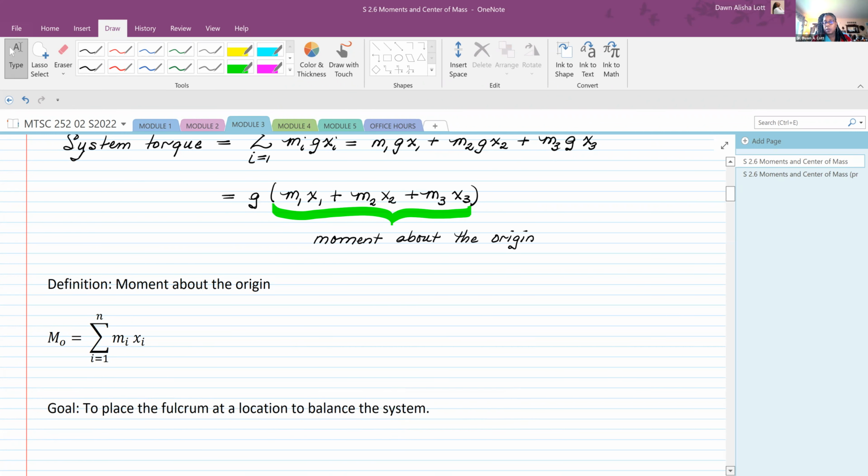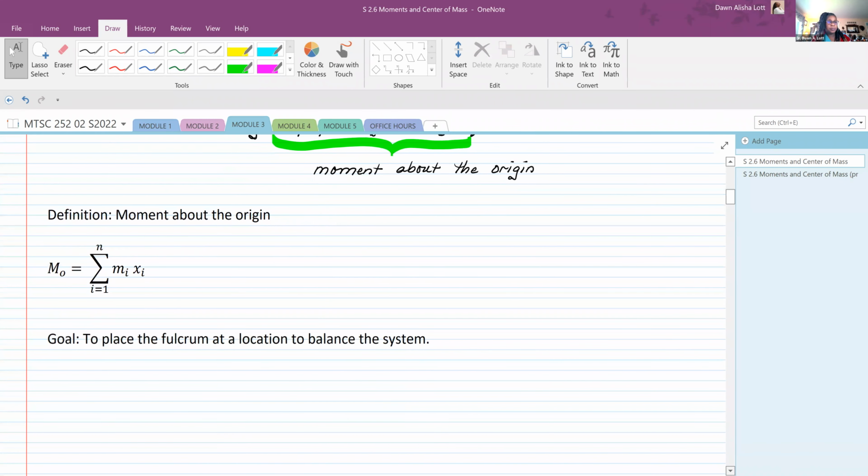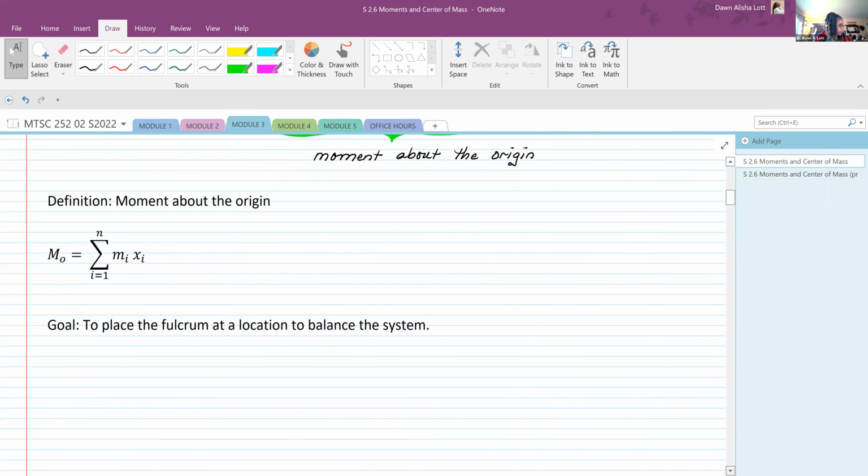All right, so let's look at this. Here, I'm going to draw another picture, but this time I know where the origin is, but I don't know where to put the fulcrum. So let's draw a picture here. This is my origin.